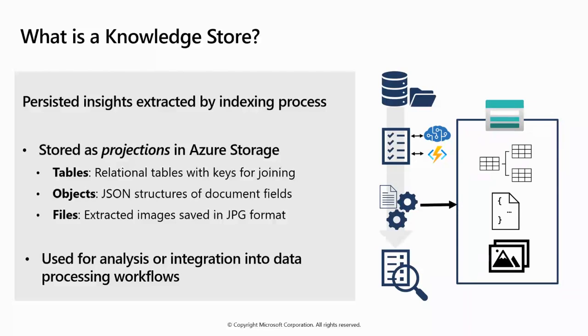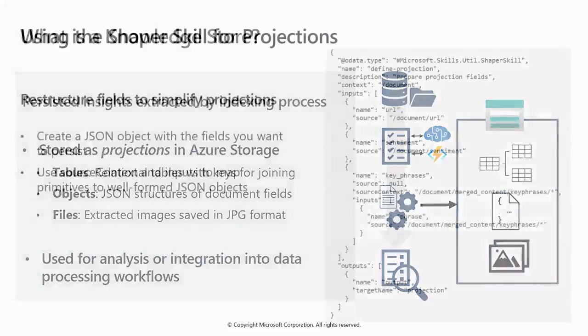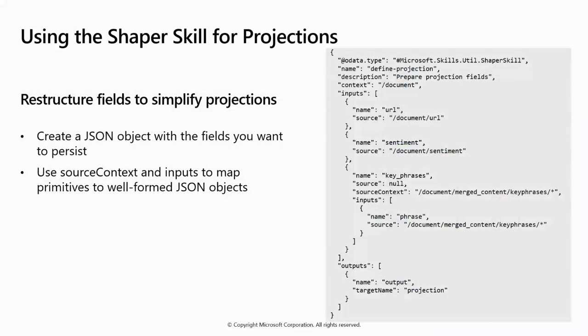The knowledge store is made up of something called projections of the enriched data. These projections can be JSON objects, tables, or image files. When an indexer runs the pipeline to create or update an index, the projections are made and saved in the knowledge store. Now, how can you use these projections?